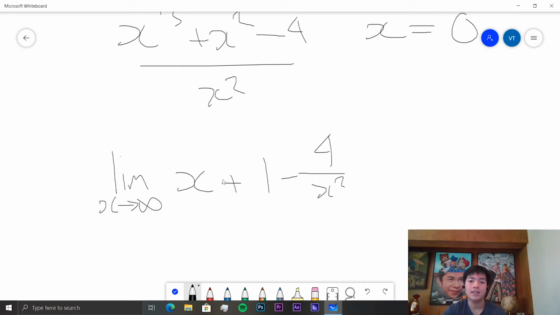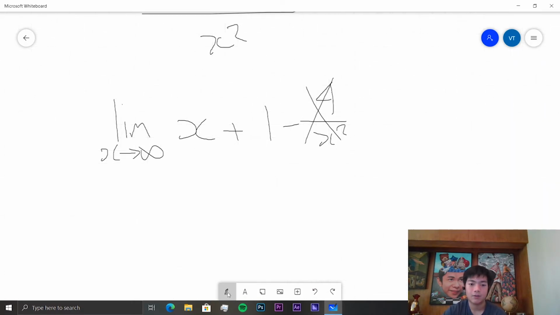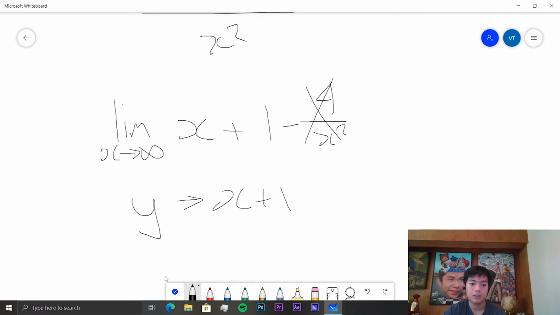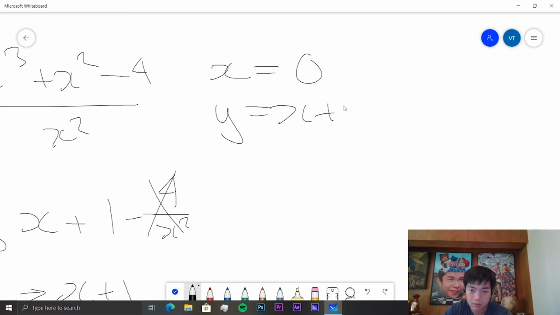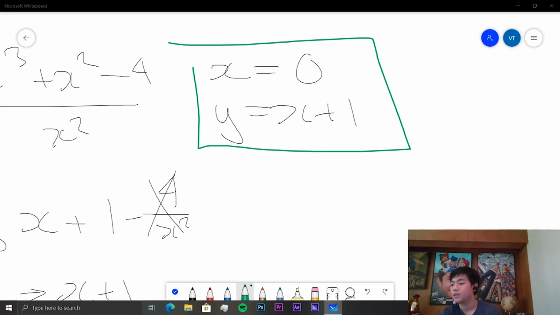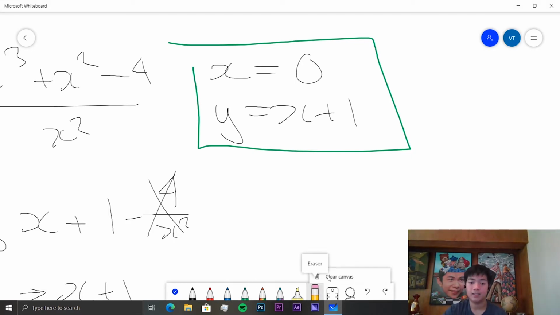As x tends to infinity, the last term becomes insignificant, and so y will tend to x plus 1. So x plus 1 will also be an asymptote of this graph. So x equals 0 and y equals x plus 1 will both be asymptotes of this graph. So this is a slant asymptote and a vertical asymptote. Okay, on to the next one.